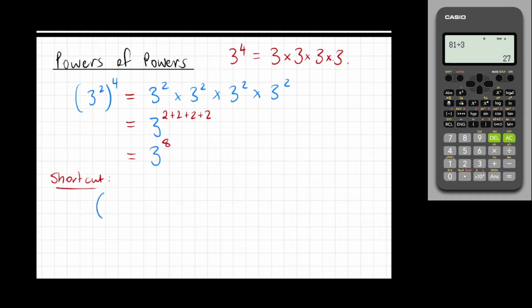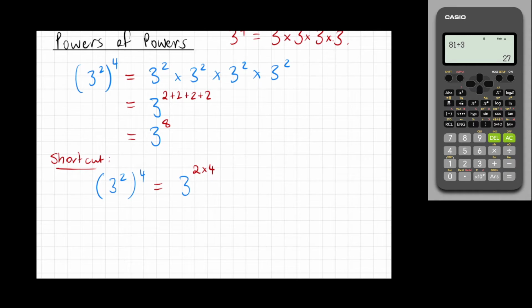If I rewrite this one, 3 to the power of 2 to the power of 4, write this as 3 to the power of 2 times 4. So when you have a power of a power, all you've got to do is multiply those powers together.